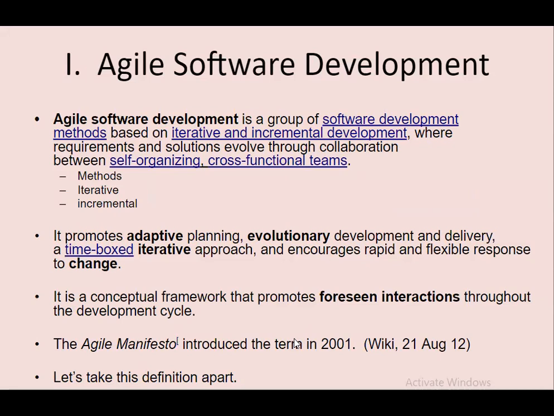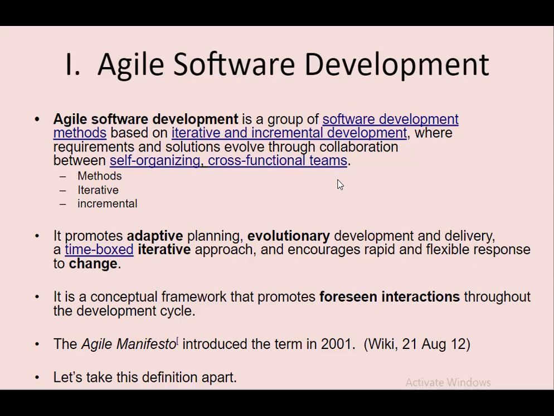Agile software development is a group of software development methods based on iterative and incremental development, right? It's not like the waterfall model where we collect all the requirements, develop it and deliver it. No, it is an iterative and incremental approach where requirements and solutions evolve through collaboration between self-organizing, cross-functional teams.